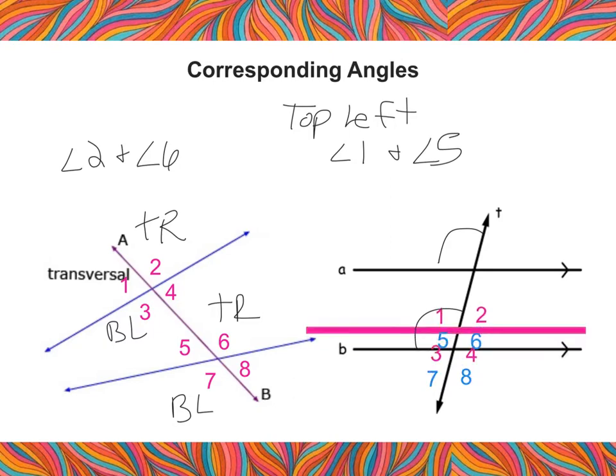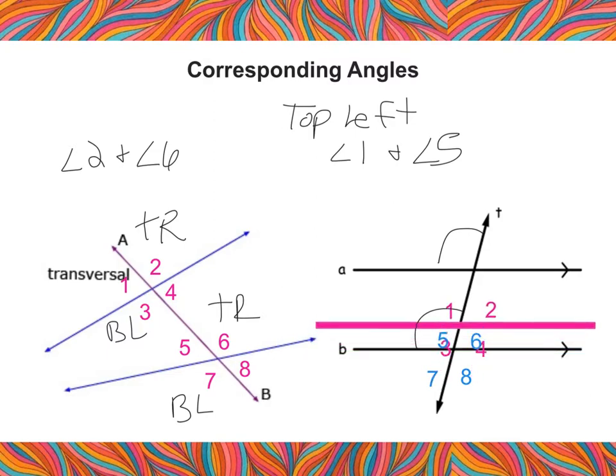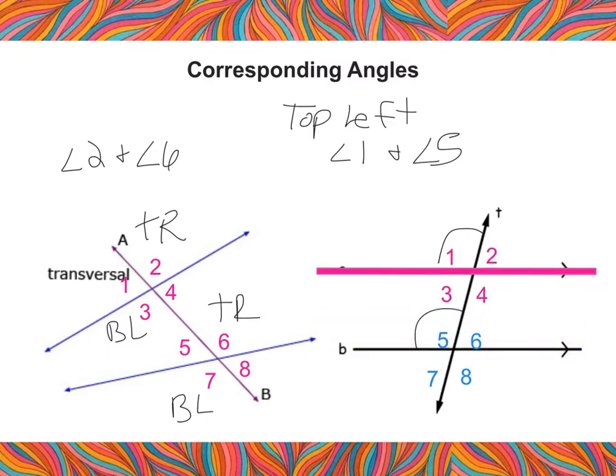So if I move this angle down on top of 5, angles 1 and 5 are not just corresponding, but they are congruent. So a big takeaway here is that when these lines are parallel, our corresponding angles are congruent.